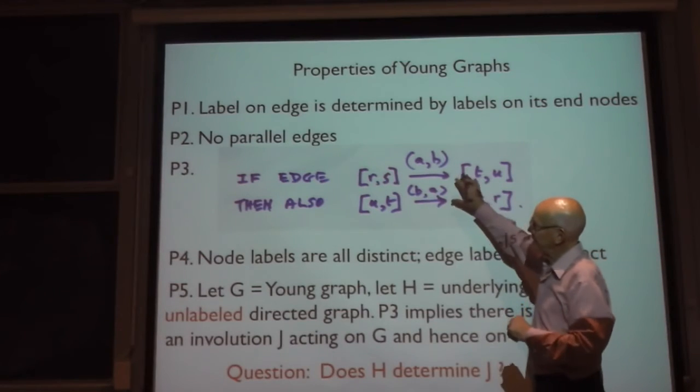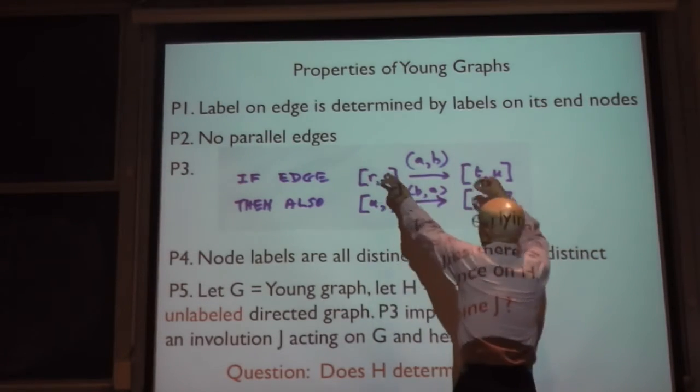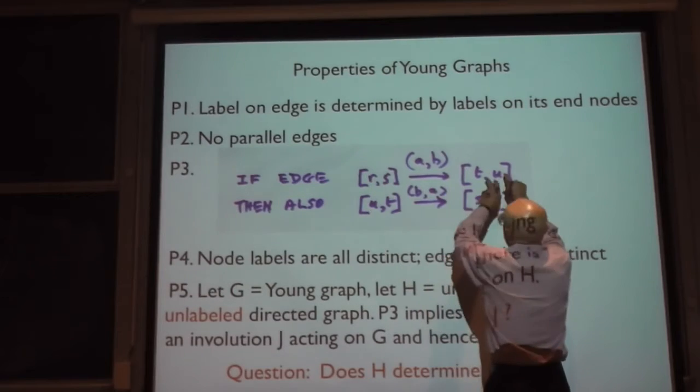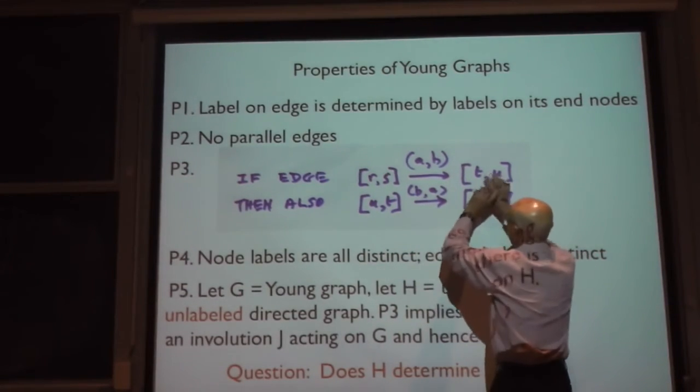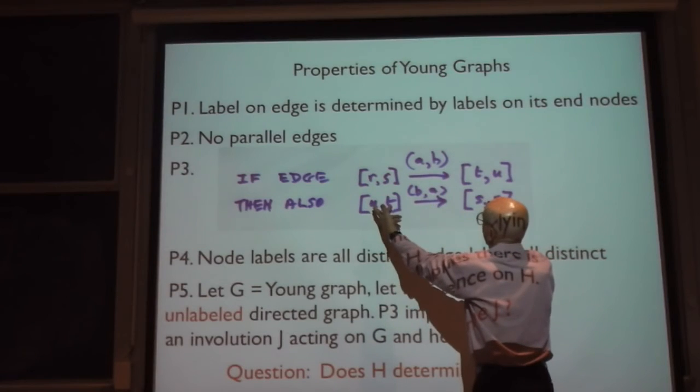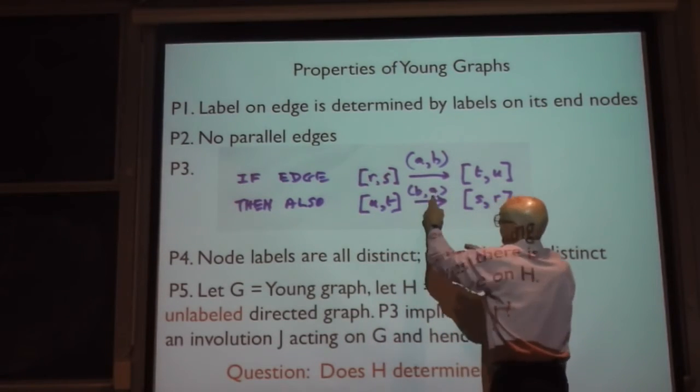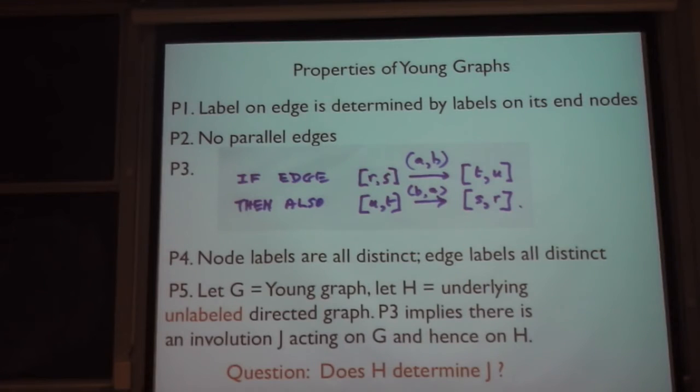A really nice property is that if you have an edge going from a node RS to a node TU, then there's also an edge that goes from the reverse of the nodes, with a label which is the reverse of the edge's label. This is a very useful property. And from that you can prove that all the node labels are distinct, the edge labels are distinct.